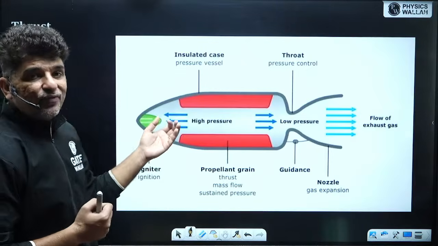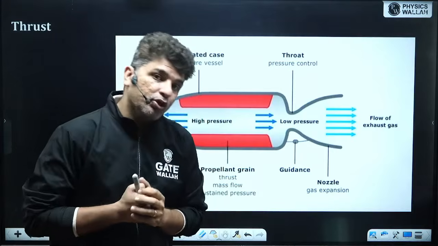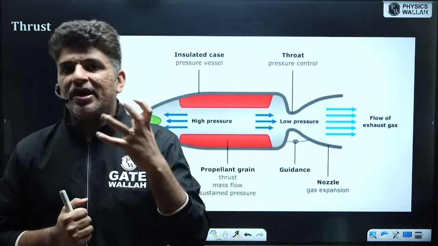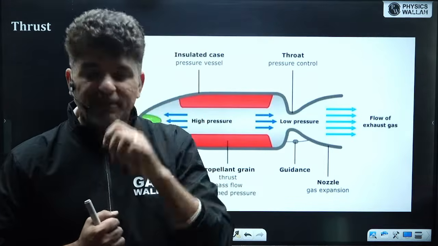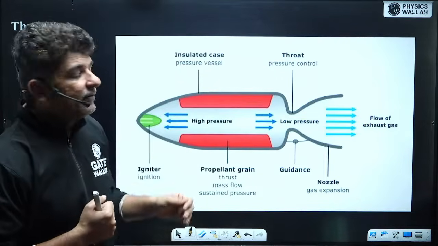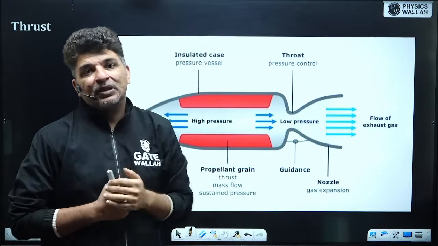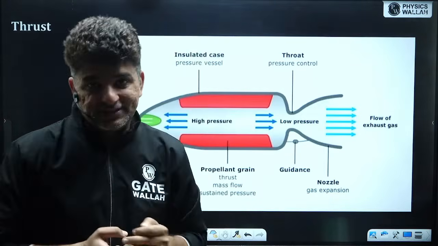But rockets carry their fuel and oxidizer together, so they don't require any air. They develop thrust on their own. That is the reason why rockets are also used in outer space, where there is no oxygen present.